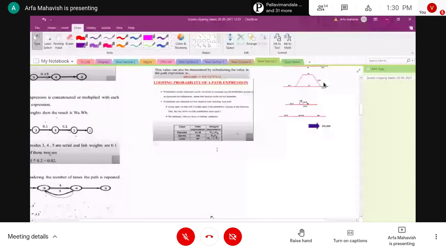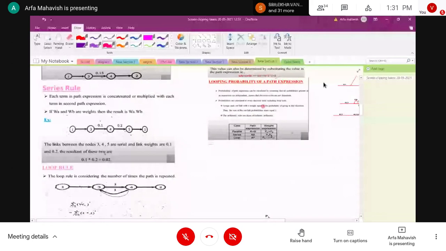Next we have the probability of being at a certain point. The probability of path expressions can be calculated by assigning the probabilities present in the expressions, which are independent, that is, not dependent. Here we assign each outgoing link a weight equal to the probability of going in that direction.